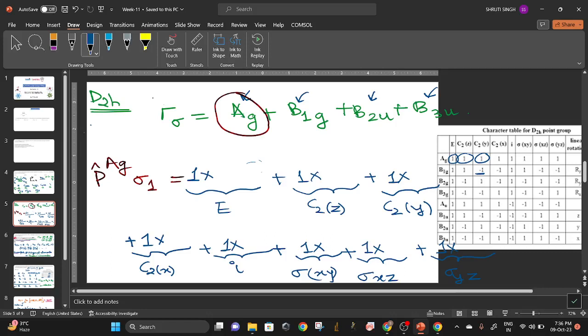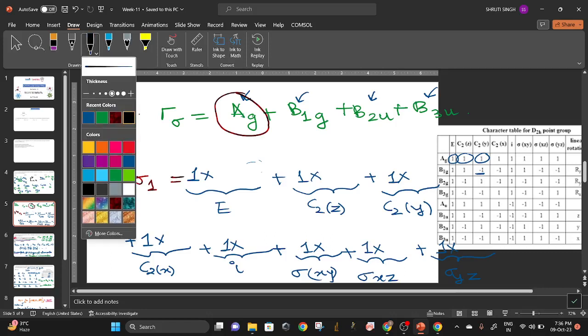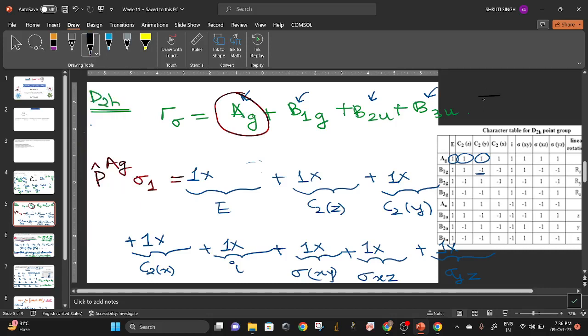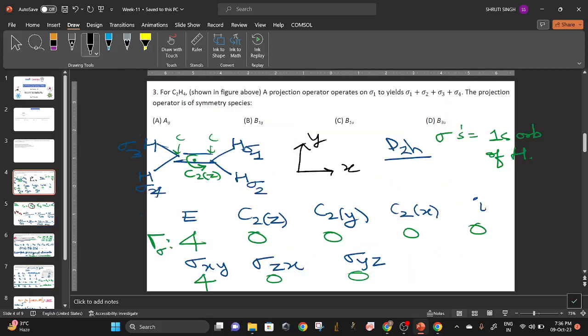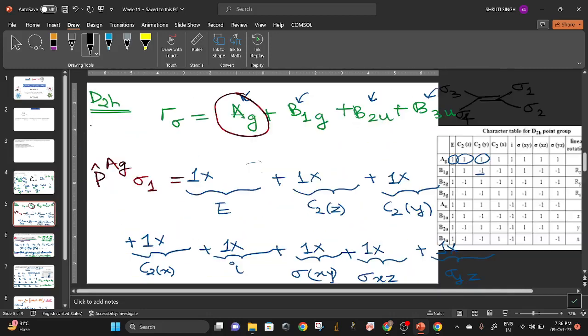Let me draw again here. This is sigma 1, sigma 2, sigma 3, sigma 4. I'm drawing this thing again.